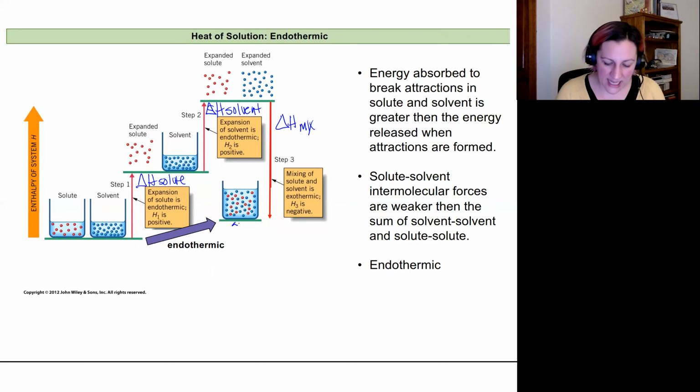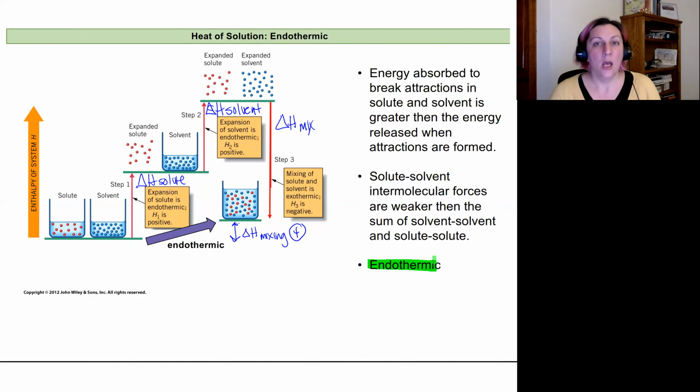And so that net difference between beginning and end, that enthalpy of solution, is overall positive. So we have an endothermic process. We're going to see this occur whenever our solute-solvent interactions, our intermolecular forces, are weaker than the solvent-solvent or solute-solute added up together. And so this is a little bit more common.